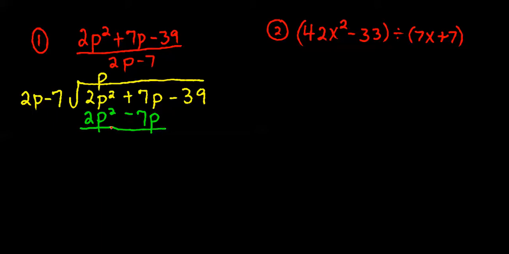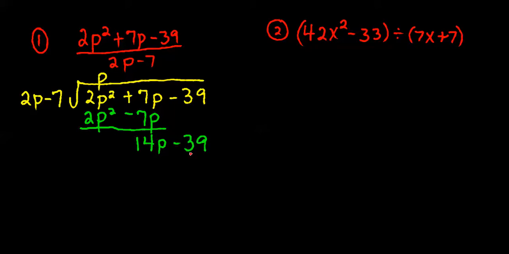Draw a line because I'm going to subtract. Just remember that I'm subtracting the second line from the line above it. So 2p squared minus 2p squared is 0, and I'm not going to write that down. 7p minus negative 7p is really 7p plus 7p, so I'm going to write 14p. And then I'm going to bring down my next term, negative 39.